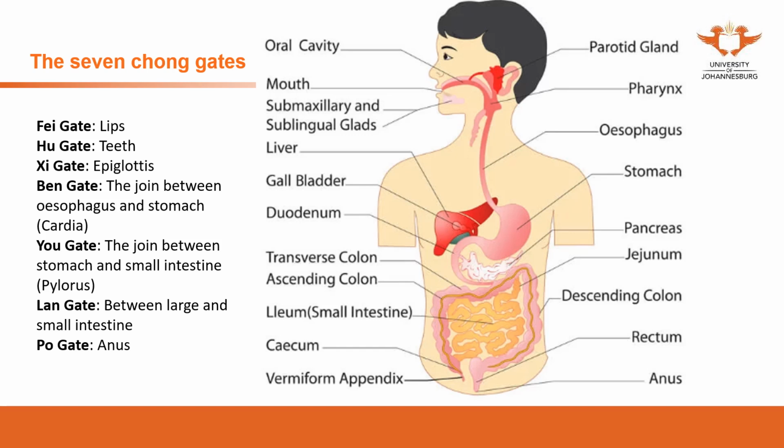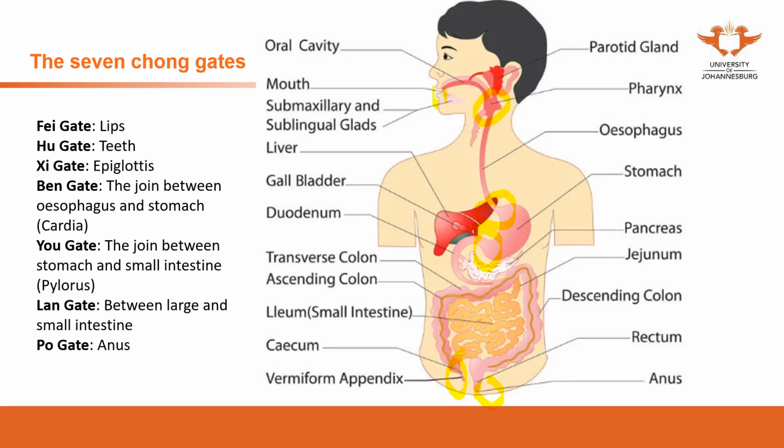Yu gate, the joint between the stomach and small intestine. Line gate is around here, the joint between the large intestine and small intestine. Po gate is the anus.